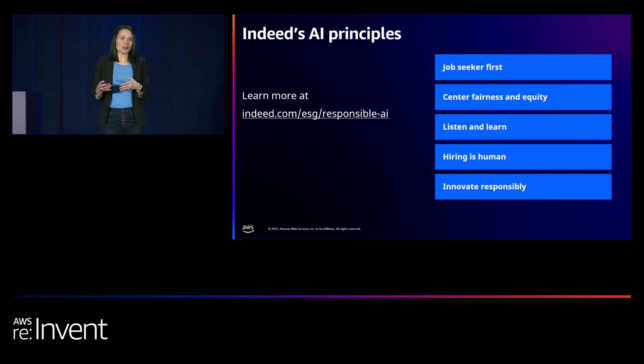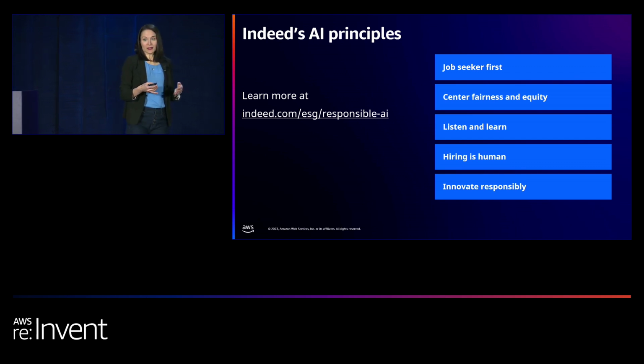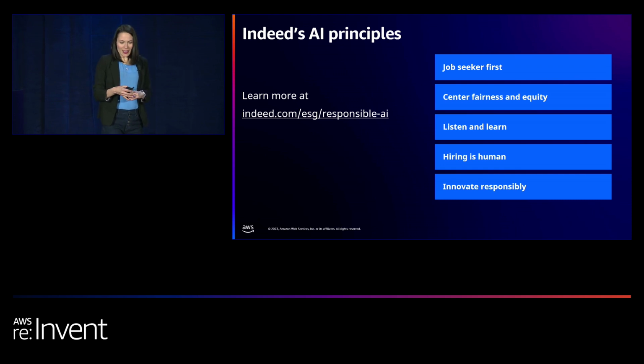And so I'm on the responsible AI team, which sits in the ESG, or Environmental, Social, and Governance organization. And in that organization in particular, we believe that talent is universal, but opportunity is not.